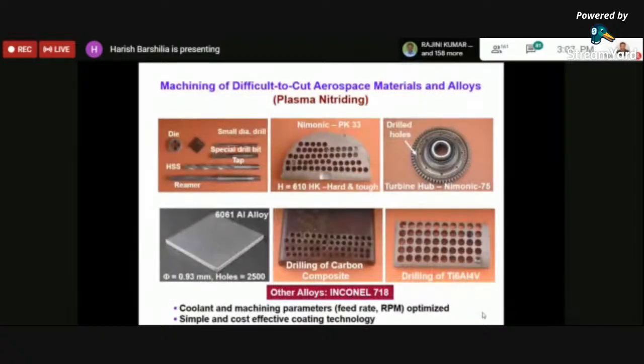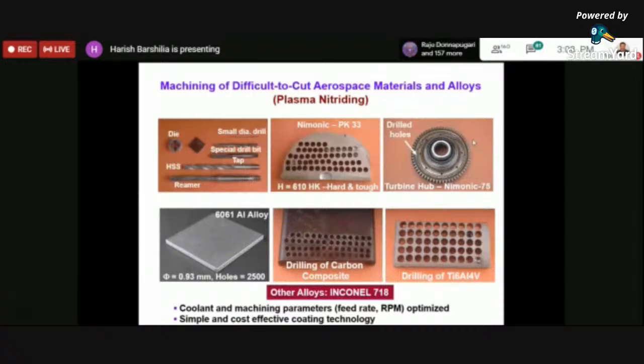So here are some photographs. You can see that in my lab we have machined Inconel, Monel, some sort of turbine materials, aluminum alloys, carbon composites, Ti6Al4V. A large number of materials have been machined in the lab using these kinds of coatings.